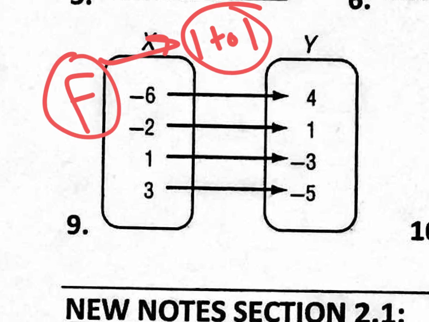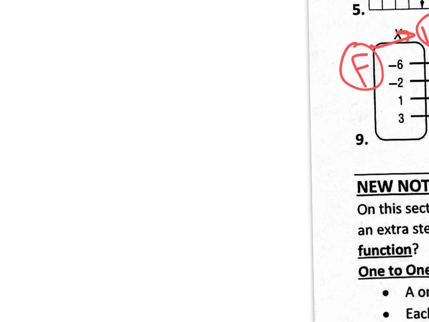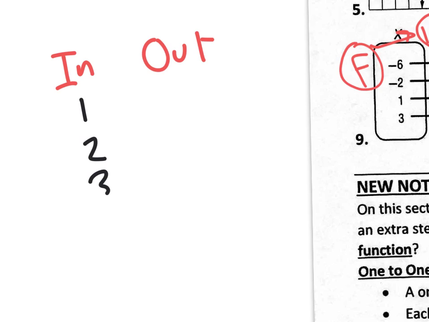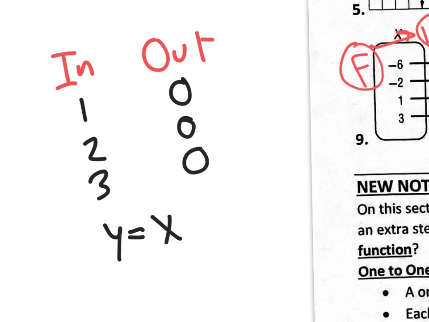Now, let me just do this on the side here. Let's say I have in and out. Let's say my input values are 1, 2, 3, and my outputs are 0, 0, 0. Is that a function? Yes, it is. What kind of function is this? This is y equals x times 0, or 0x.